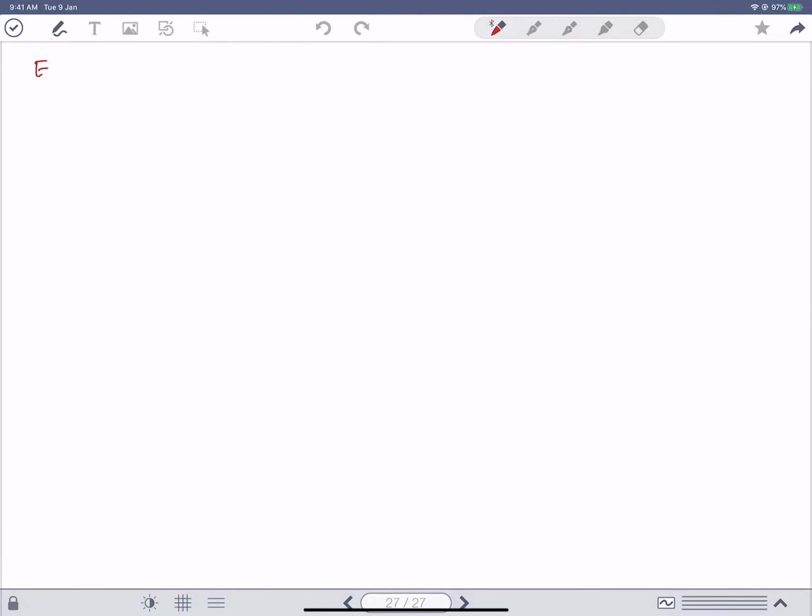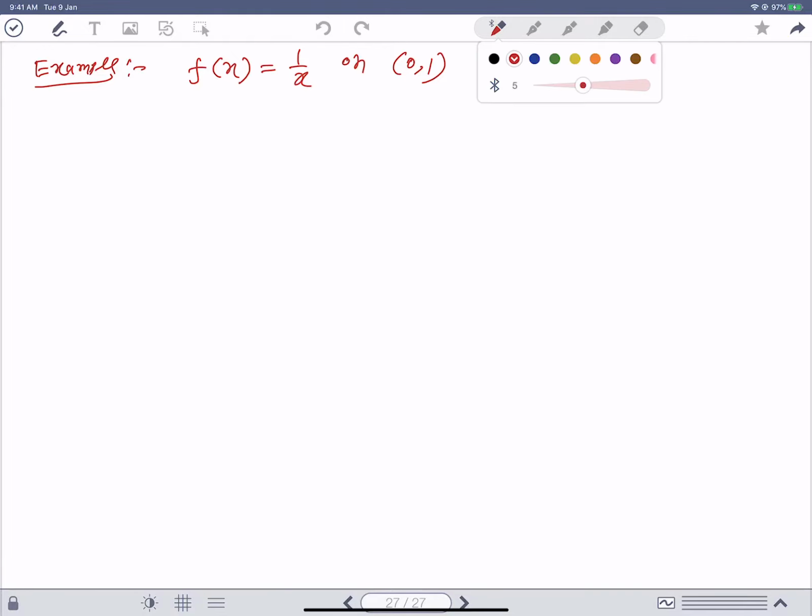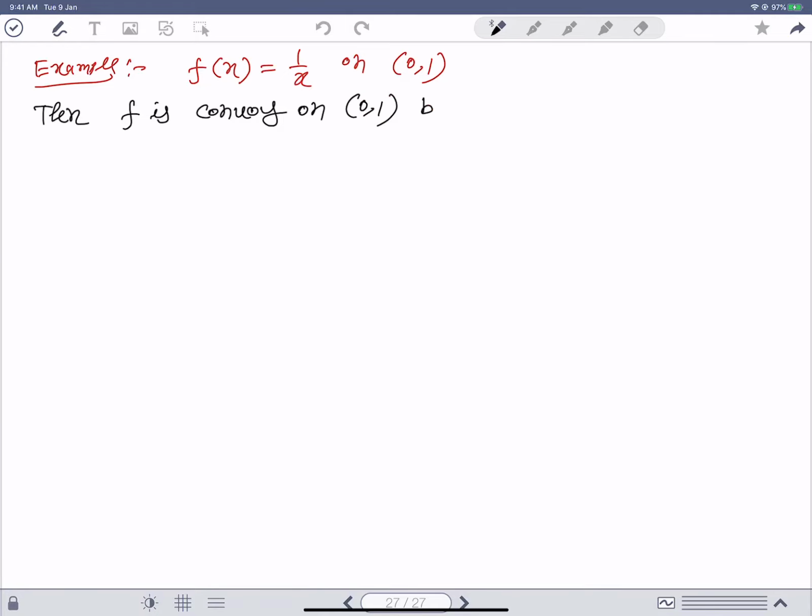For example, let f of x equal 1 by x on the open interval (0, 1). Then you can check that f is continuous on the open interval (0, 1), but f is not bounded, right?